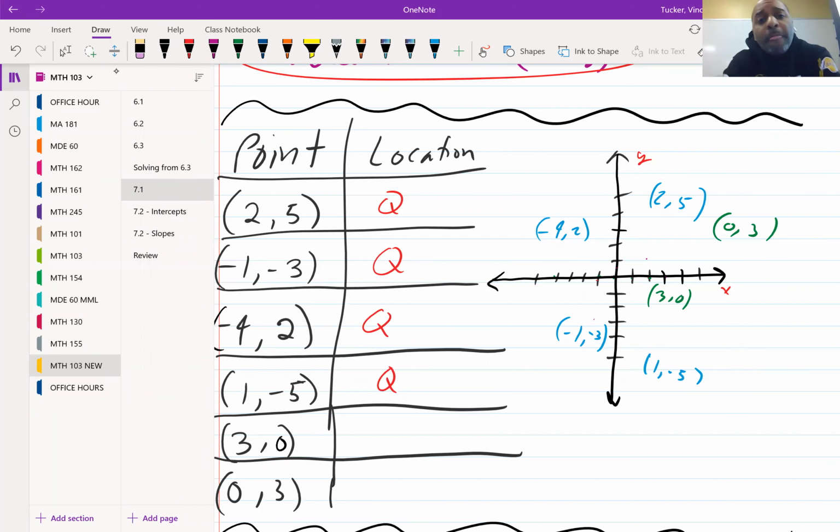So we have 2, 5, positive 2 and positive 5, and we're going to graph the ordered pair. Always start at your origin. If I start at my origin and I'm going +2, +5, it means I'm going to the right 2, up 5. So that will put my point right here, and that is quadrant 1.